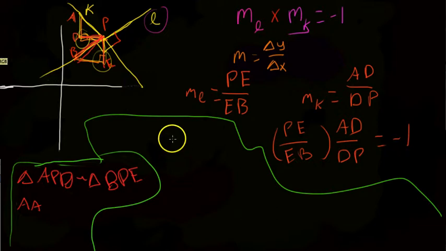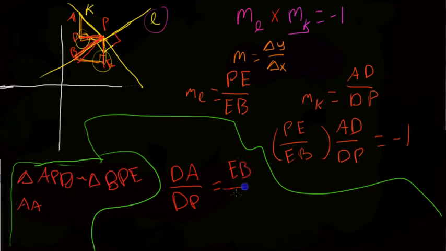So again, we have our similarity ratios. With similarity, we can easily say that DA divided by DP is equal to EB over EP. Look: DA, change in y, over DP, change in x, is equal to EB, change in x, over EP, change in y.